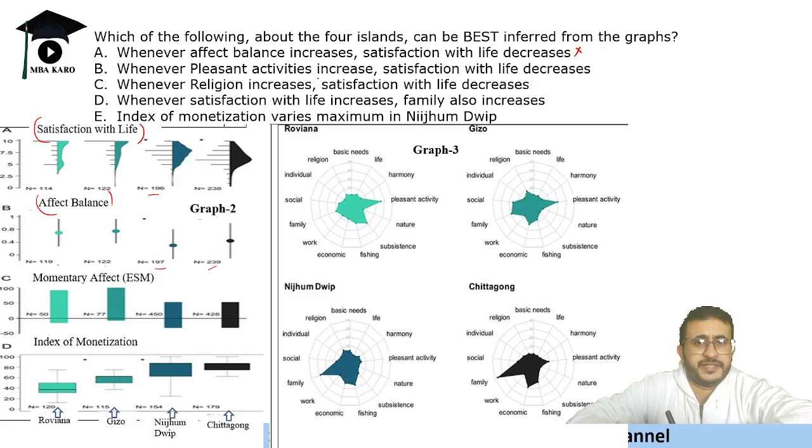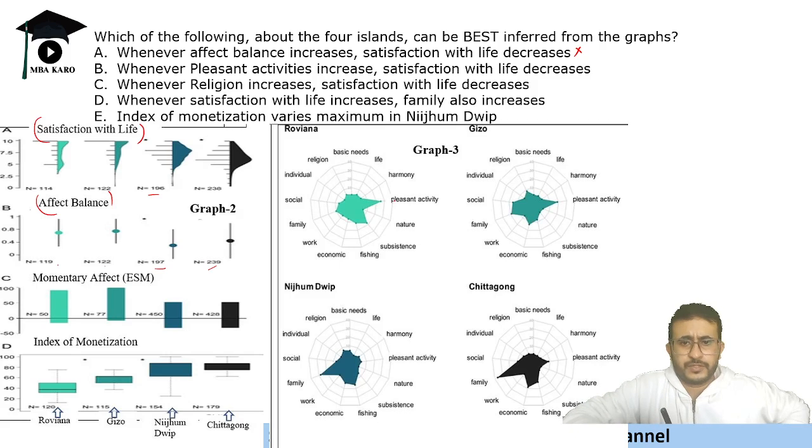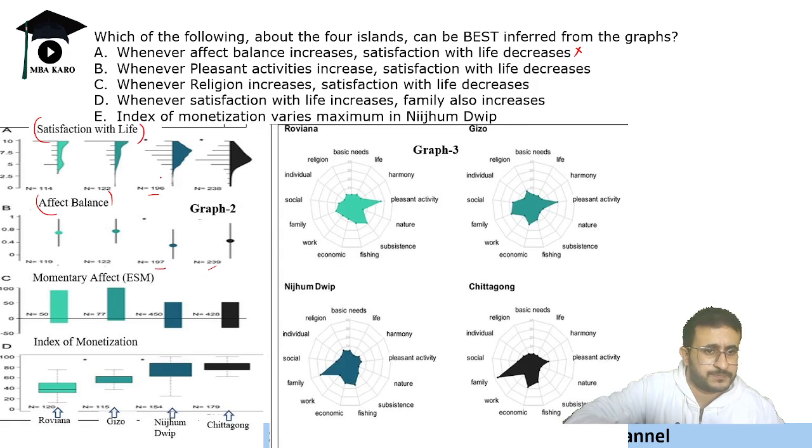Whenever pleasant activities increase, satisfaction with life decreases. So pleasant activity is increasing here for all four. Nijhum Dweep has less pleasant activity, but high satisfaction with life.